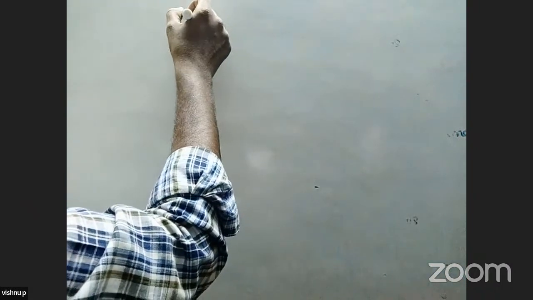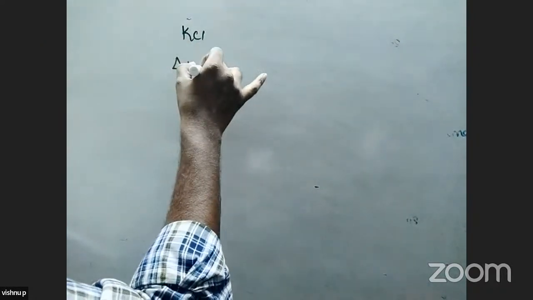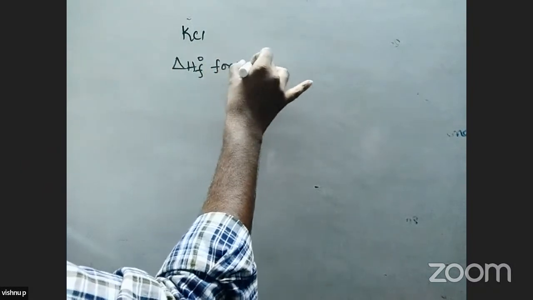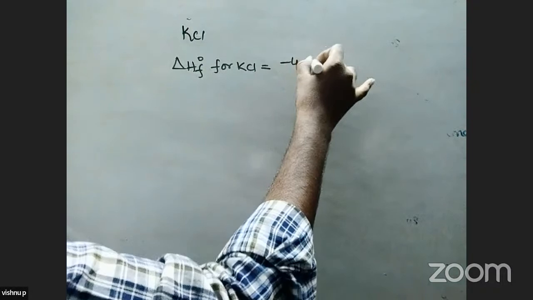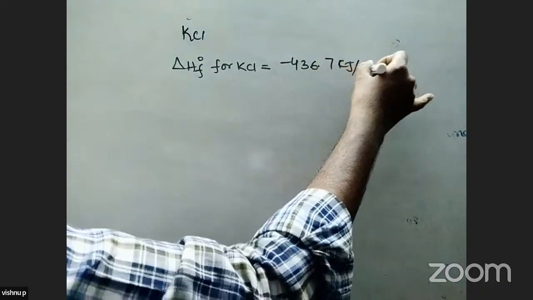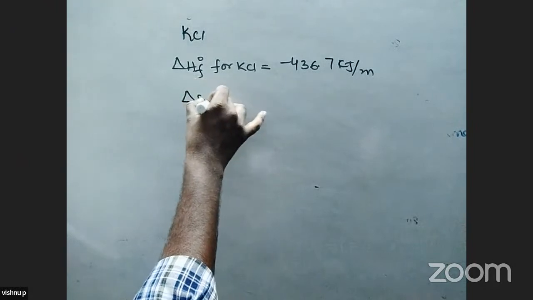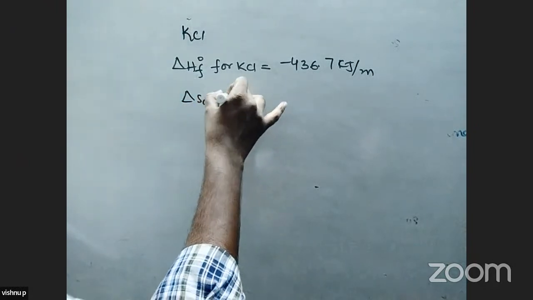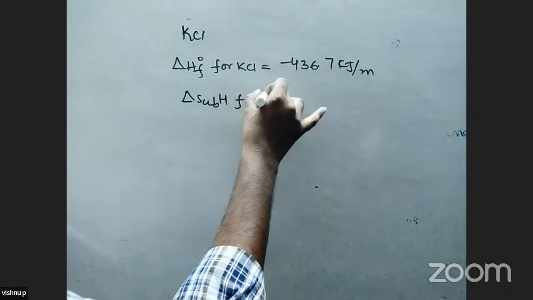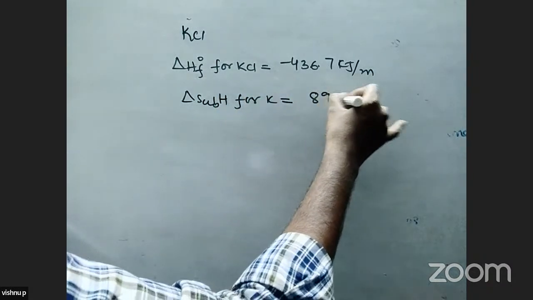Next question. A Born-Haber cycle of KCl is given. Questions from the Born-Haber cycle also come. Enthalpy of formation for KCl is equal to minus 436.7 kilojoules per mole. Enthalpy of sublimation for K is equal to 89.2 kilojoules per mole.